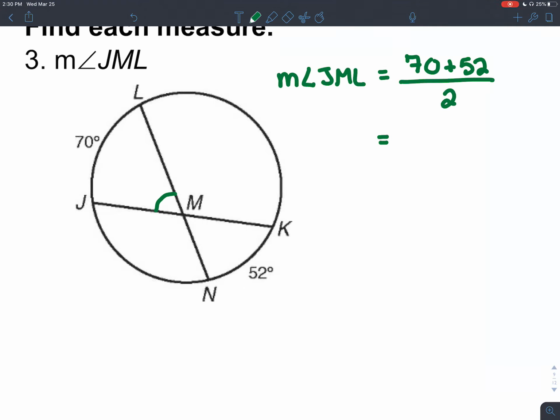So 70 plus 52 gives us 122, and 122 divided by 2 is 61 degrees. So that angle is 61 degrees, and so is this one, 61 degrees.